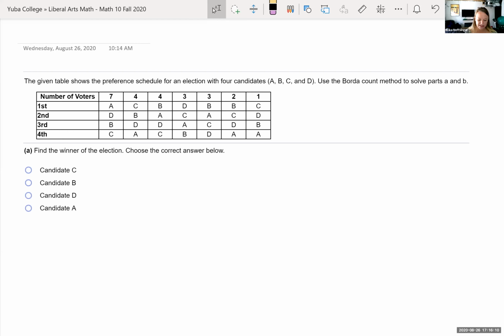In this case, we have candidate A, candidate B, C, and D. So we have 4 candidates. That means first place votes get 4 points each.